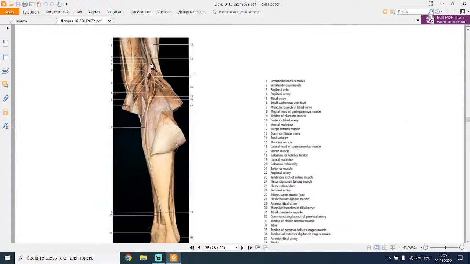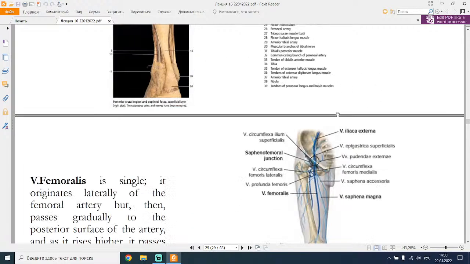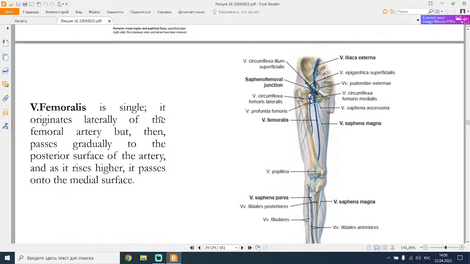What you see, vena poplitea, number 3, vena poplitea. Vena femoralis.